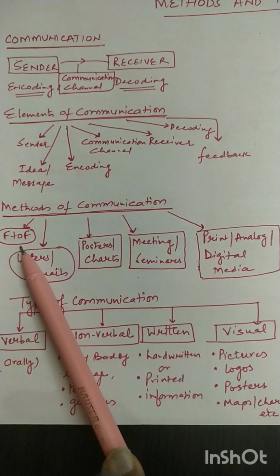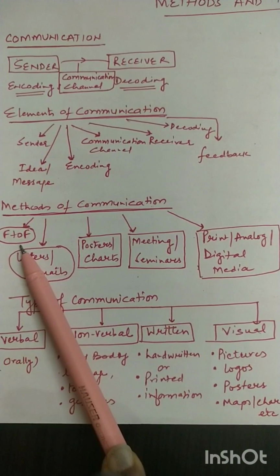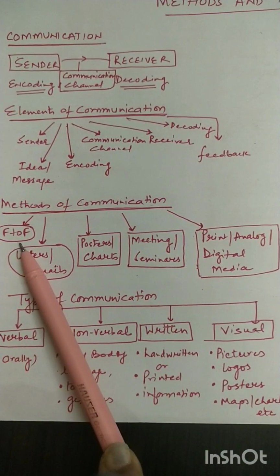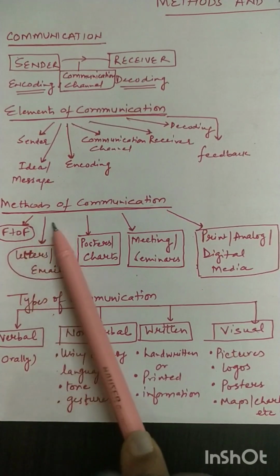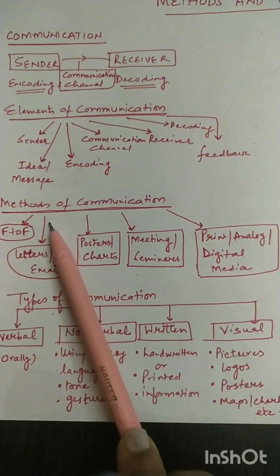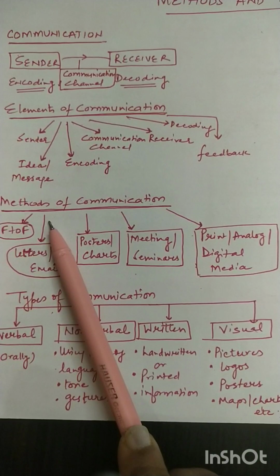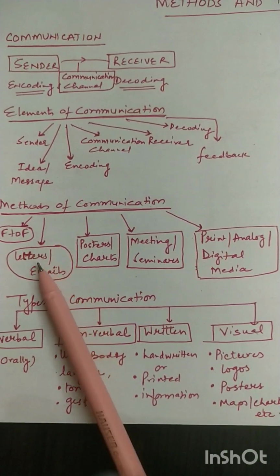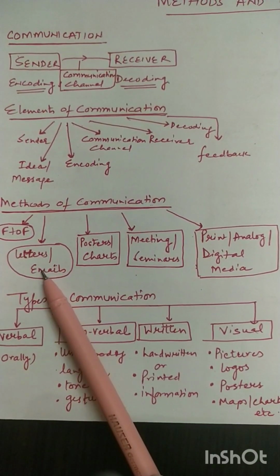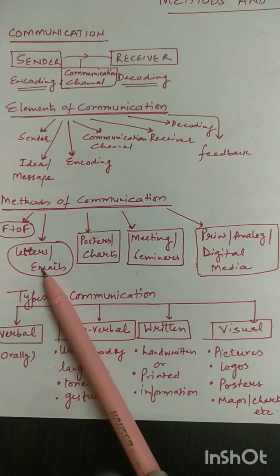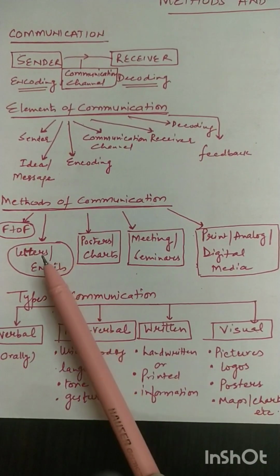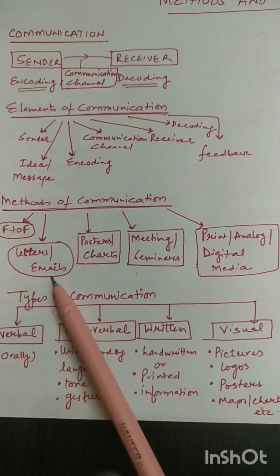First is face-to-face communication. It is an interpersonal communication where two people are sitting in front of each other and communicating. Simple. Now next we have letters or emails where the message is delivered in a specific written structure, right?